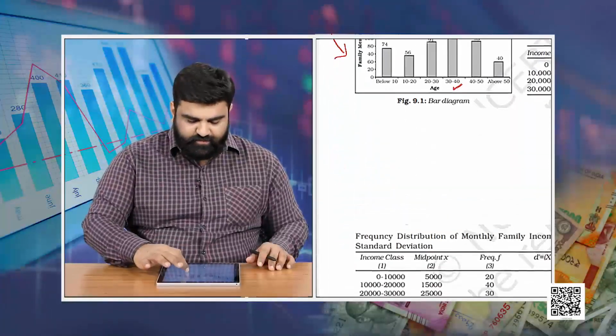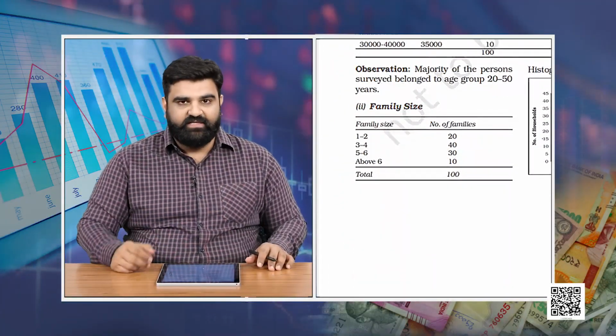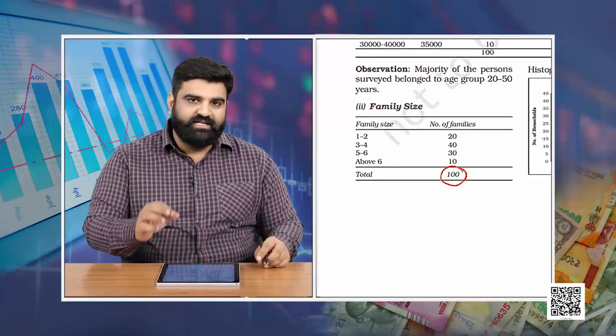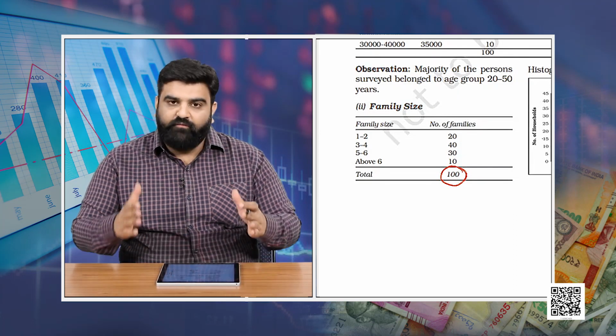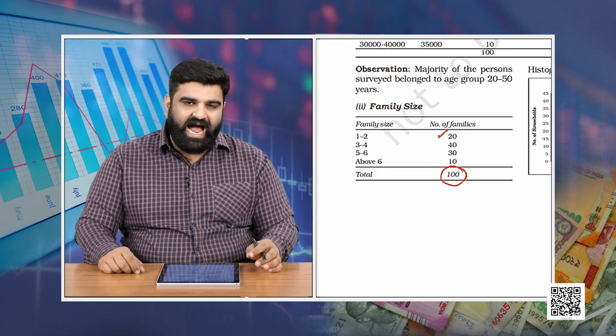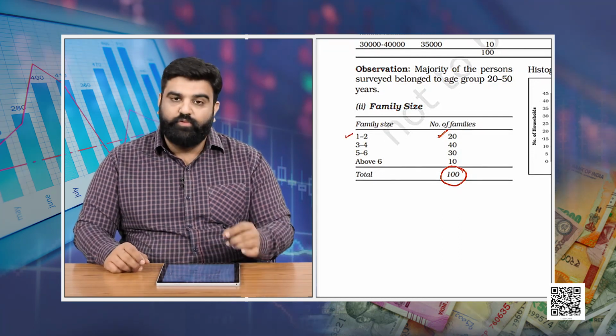So, now let us move ahead and talk about the family size. We have surveyed around 100 families, and these 100 families are of different family sizes. There were around 20 families which had a family size of maximum 2 members.